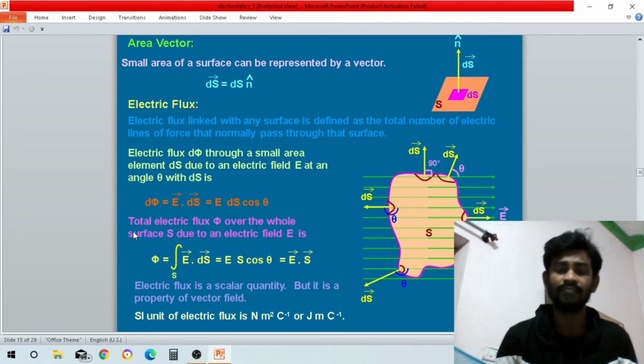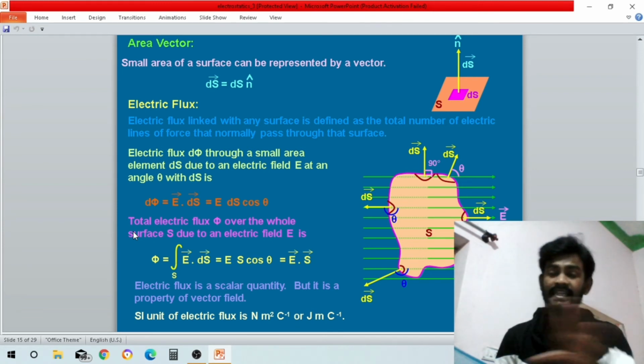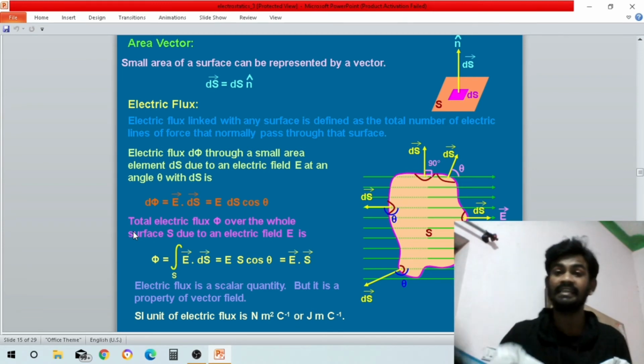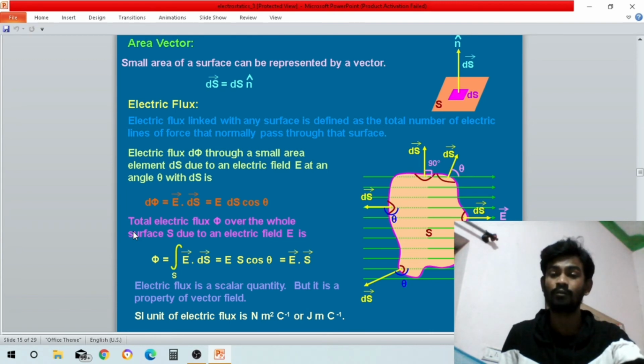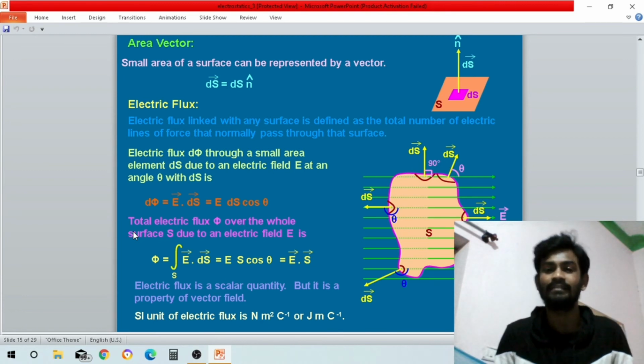If d phi is the flux through the small area dS vector, then what is the electric flux through the total surface, not for a small surface, but for the total surface? We can determine the total electric flux by integrating both sides.